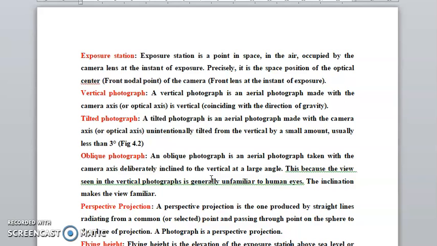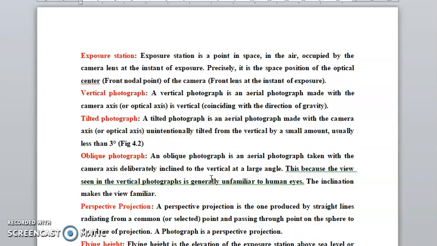Vertical photograph. A vertical photograph is an aerial photograph made with the camera axis, or optical axis, vertical, coinciding with the direction of gravity. Tilted photograph. A tilted photograph is an aerial photograph made with the camera axis unintentionally tilted from the vertical by a small amount, usually less than 3 degrees.